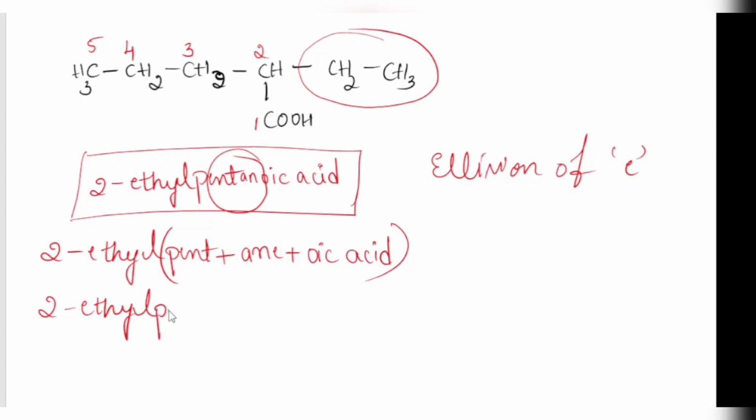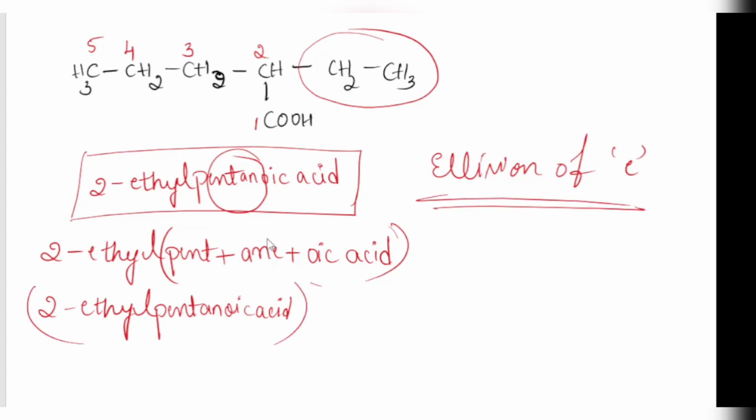Now pent is there, and here ane is there. Before adding the secondary suffix to this, whatever the e is there, I have to remove that. Then I have to write pentane, then oic acid. This one is the rule, that is elision of e.